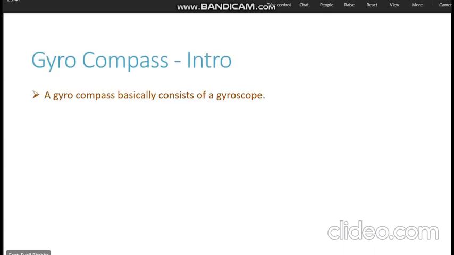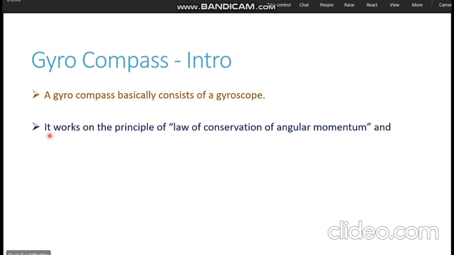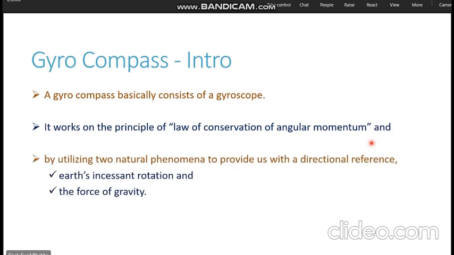We start off with the topic of the gyro compass. A gyro compass basically consists of a gyroscope. It works on the principle of the law of conservation of angular momentum, and the gyro compass works by utilizing two natural phenomena to provide us with a directional reference. These two natural phenomena are: one, the Earth's continuous rotation around its axis.